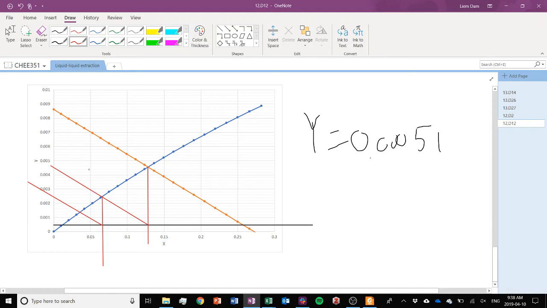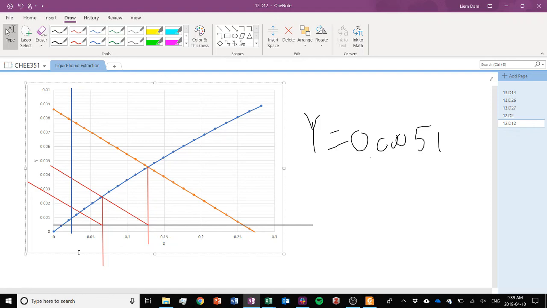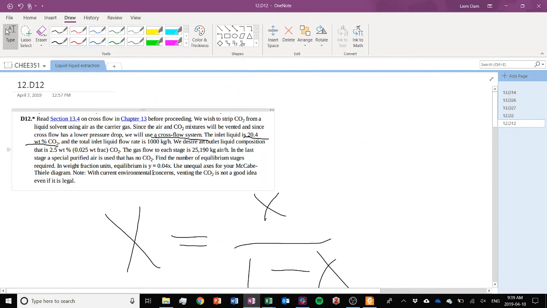Now, just so we keep track, let's take a note of where the final concentration is, and it's 0.0025, so it's about halfway between these two marks here. Now, the next step is, since we're getting pretty close to our target concentration, we note the last stage has no CO2 in it.